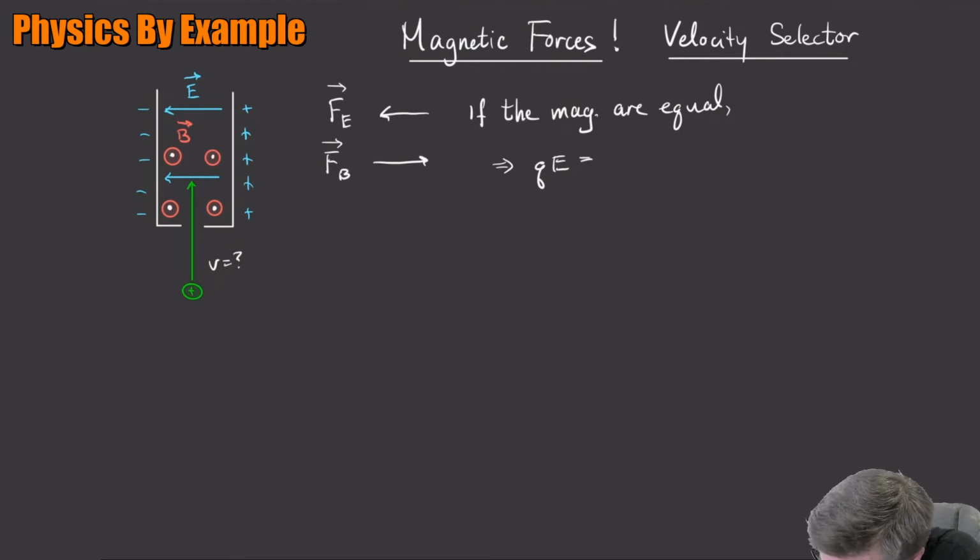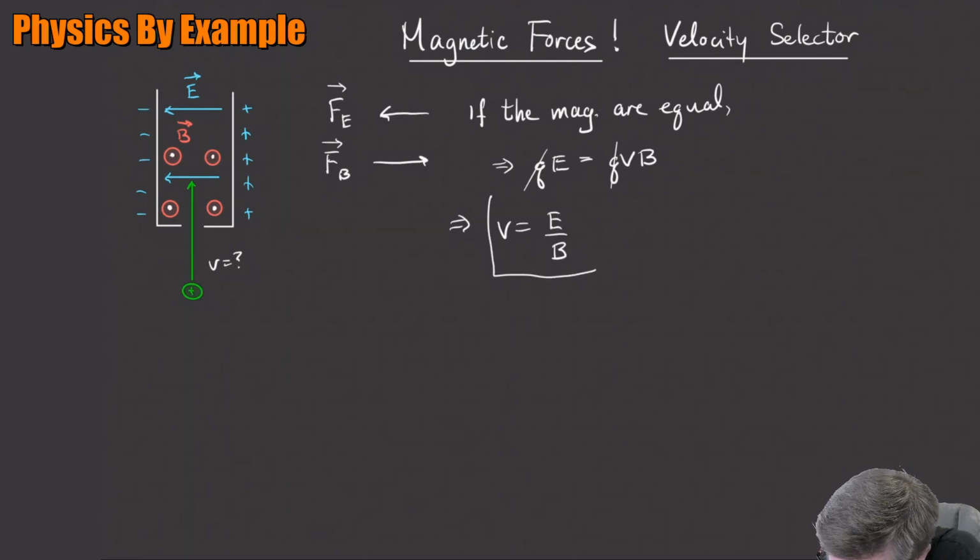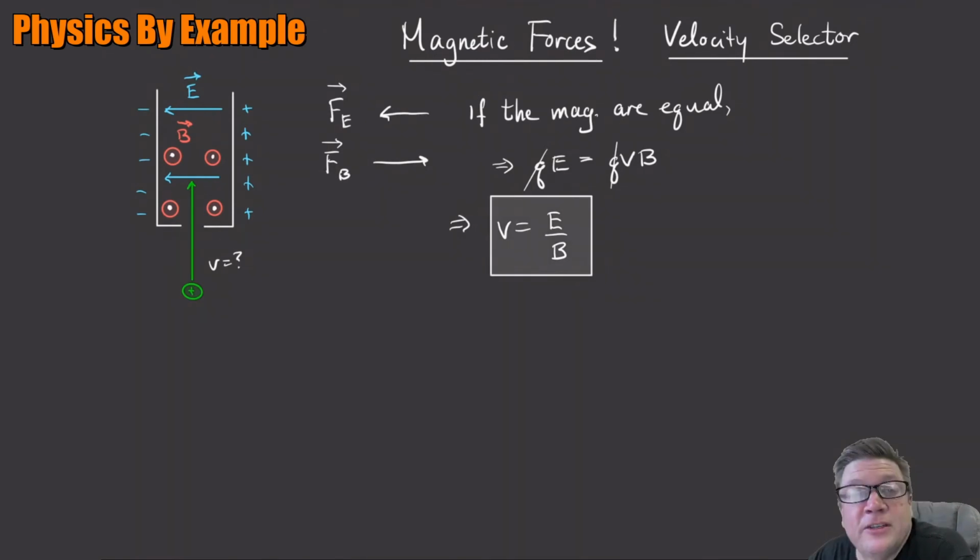So this is just QvB. Notice it doesn't make any difference what the charge is. That's very cool. So the condition that the charges go through undeflected is that the speed has to equal E over B, the magnitude of E over B.